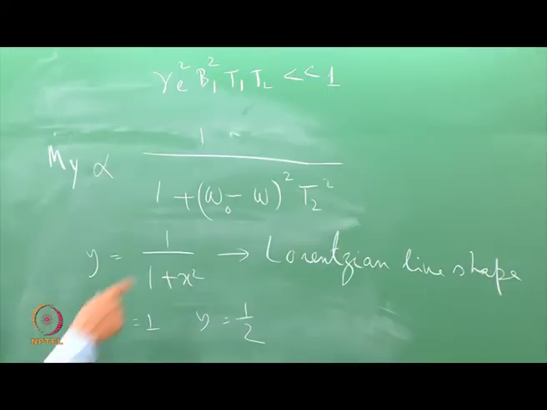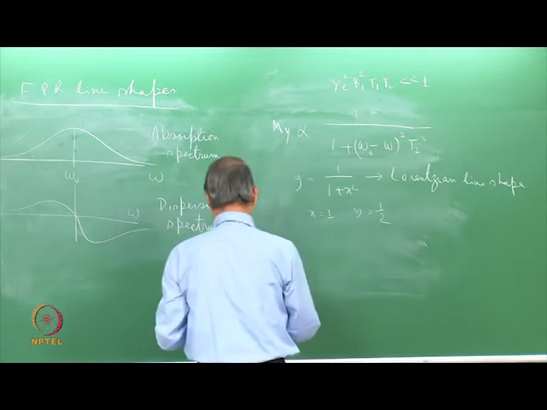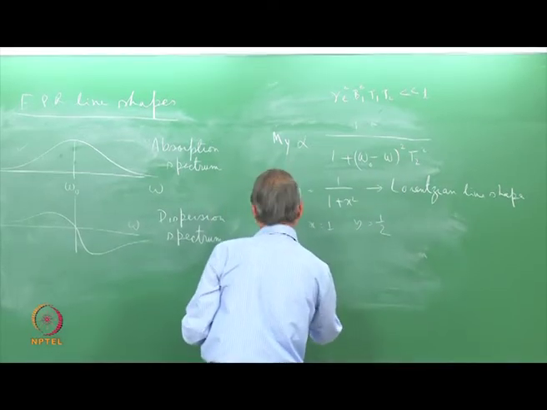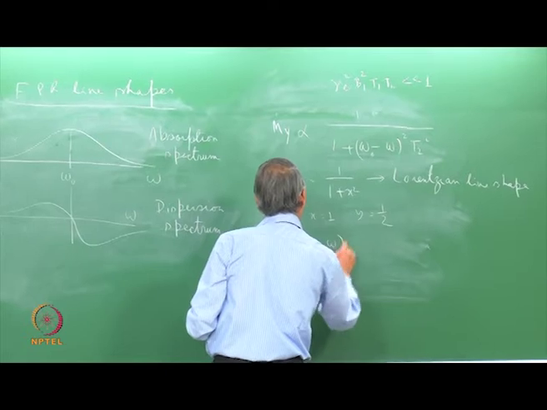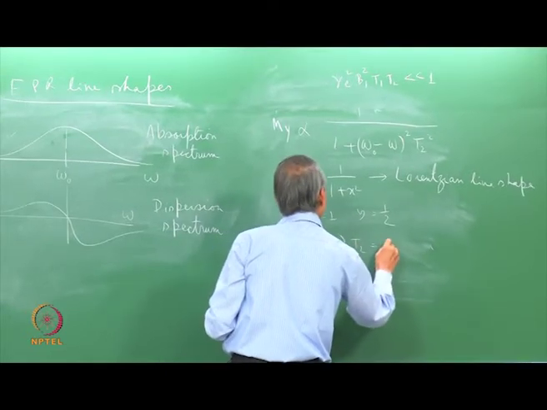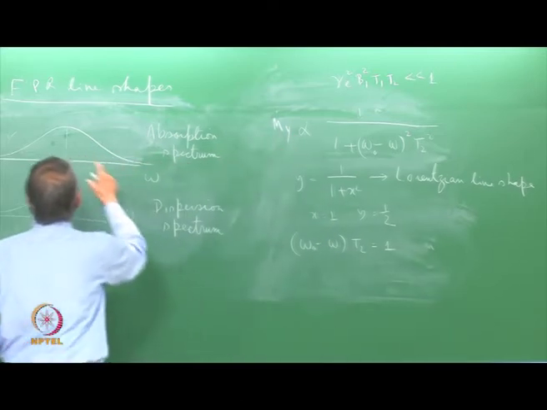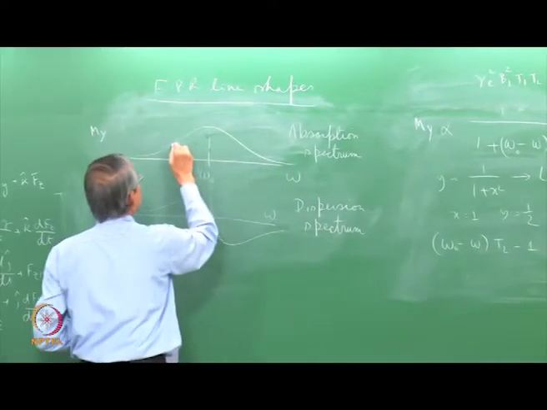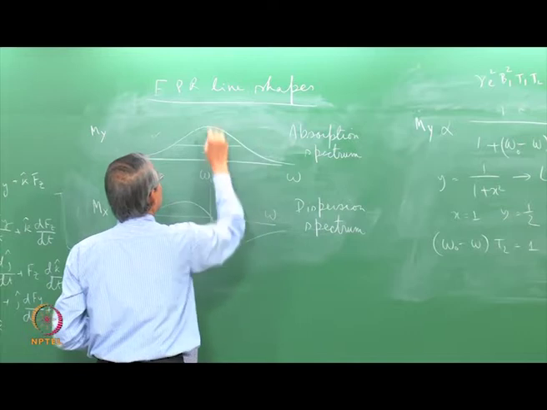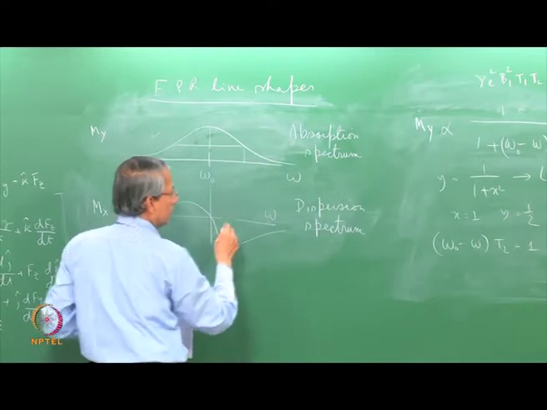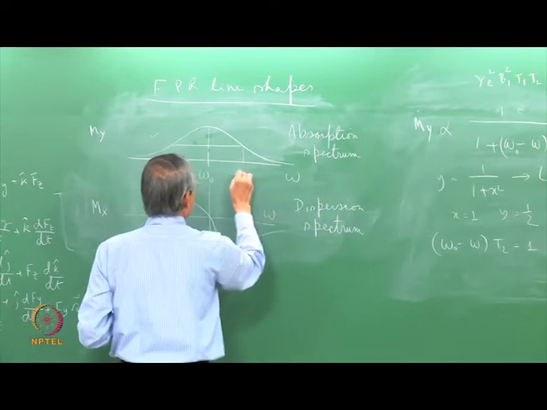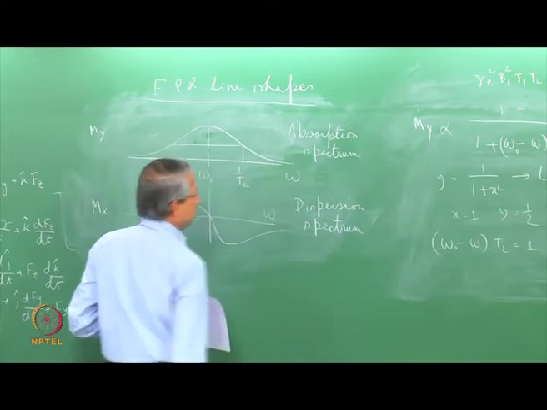The same way, here when omega 0 minus omega times T2 is equal to 1, then the signal height becomes half of that. So, this will be half of that when this value is 1 by T2.